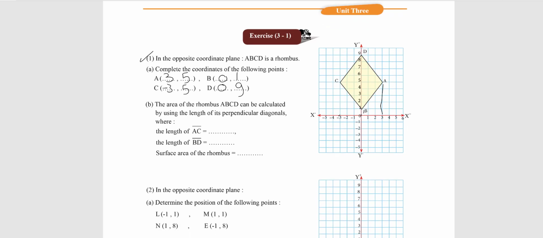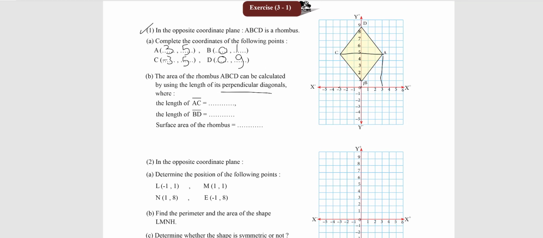The area of the rhombus ABCD can be calculated by using the length of its perpendicular diagonals. As we studied before, the area of the rhombus equals half times D1 times D2, the product of the two diagonals.